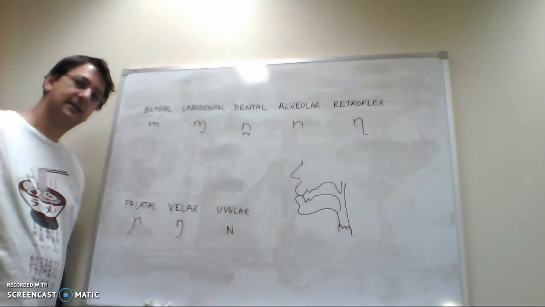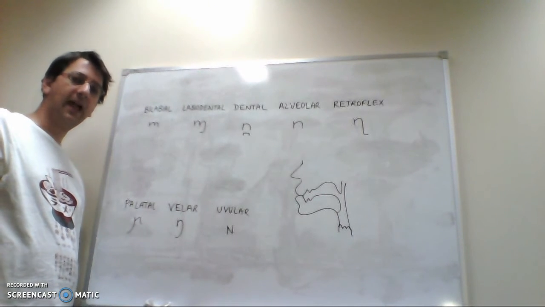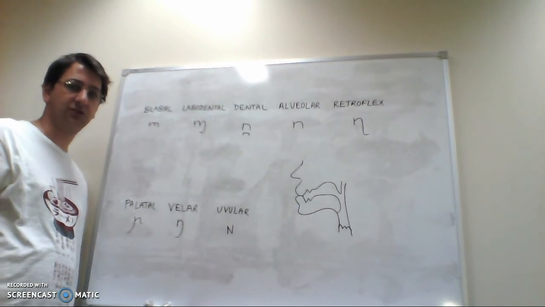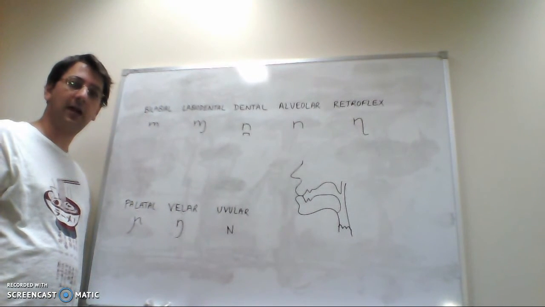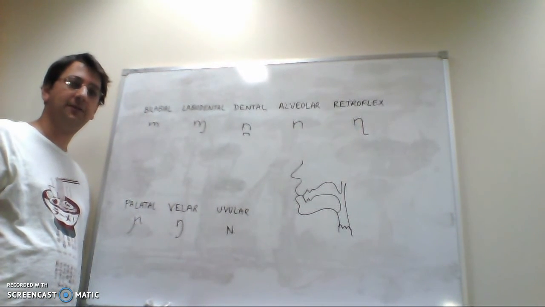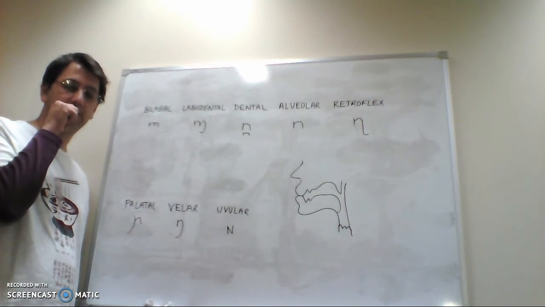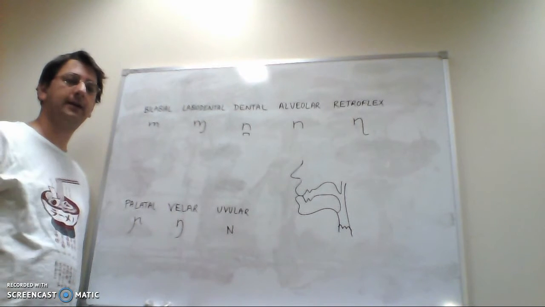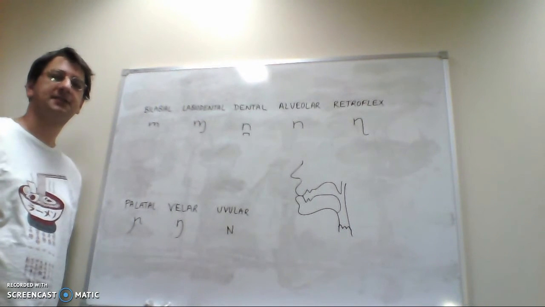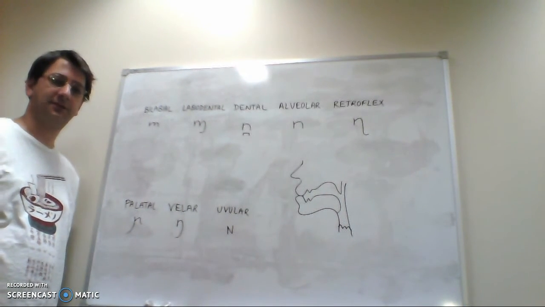So unless you have a nasal congestion, you will probably be able to feel the air coming out of your nostrils if you place a finger here when you say M. Alright? Okay, so let's start with the different places of articulation.